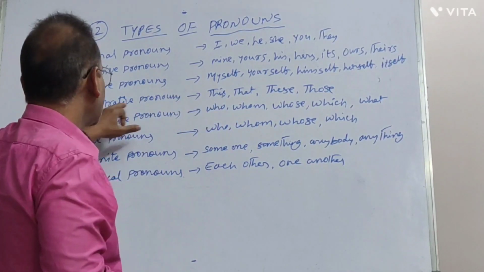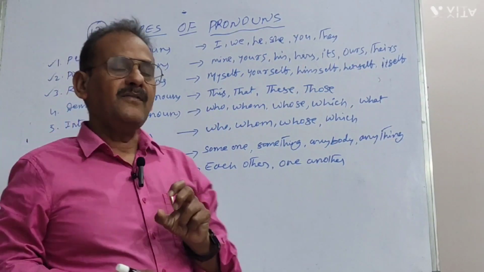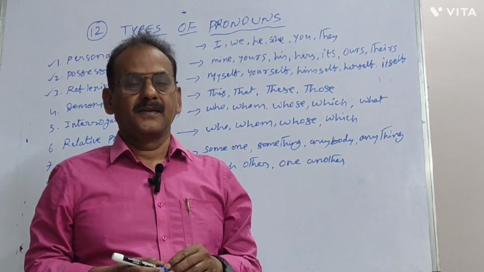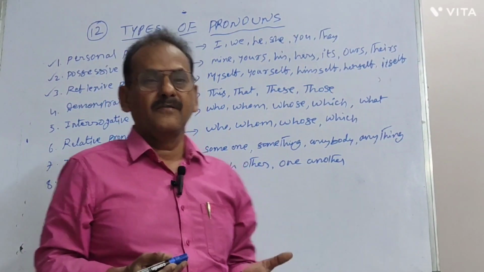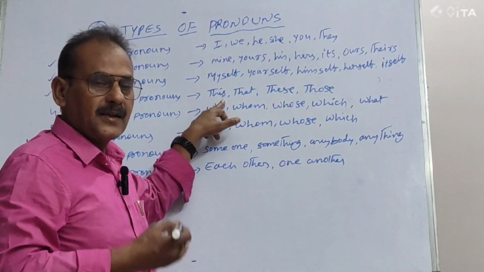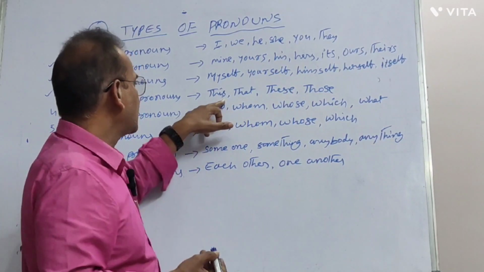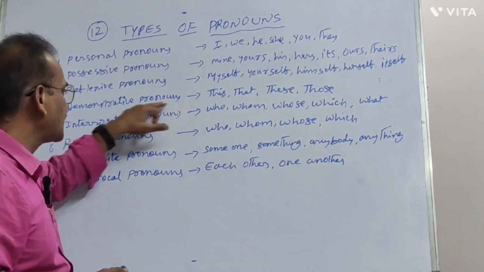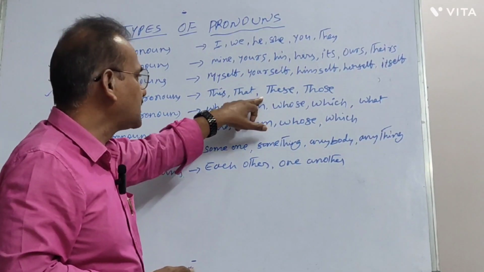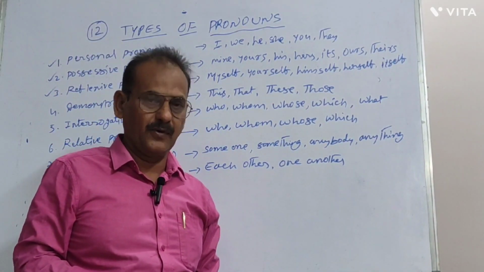When we intentionally point out something, either a place or an individual or a thing, then that should be called a demonstrative pronoun. So this, that, these, and those are examples for demonstrative pronouns.